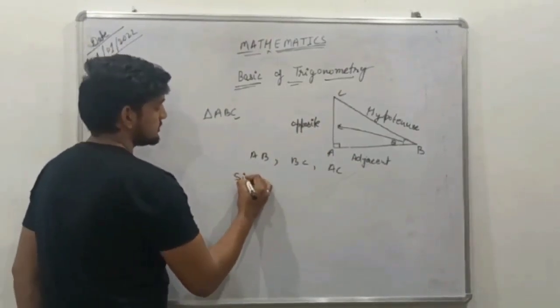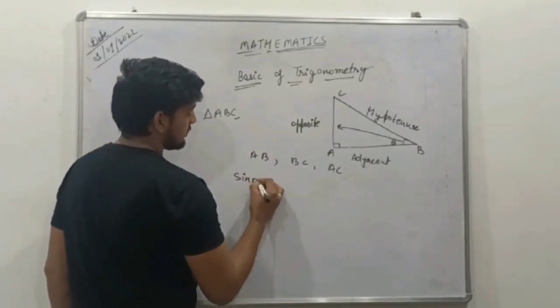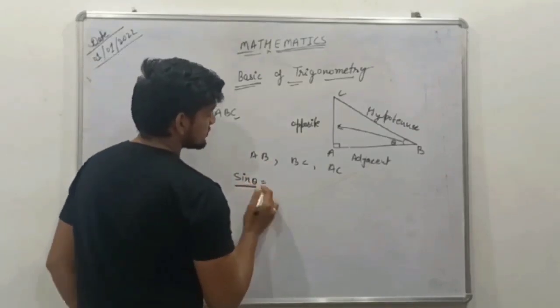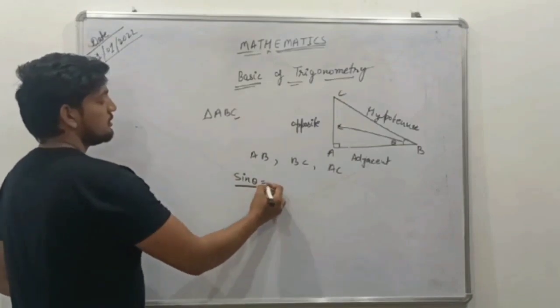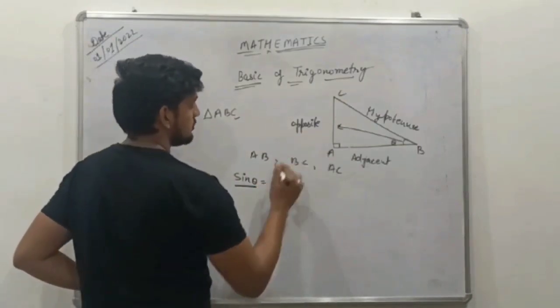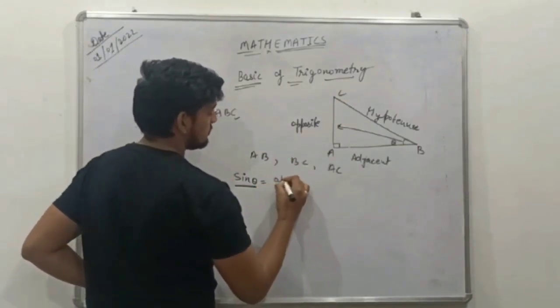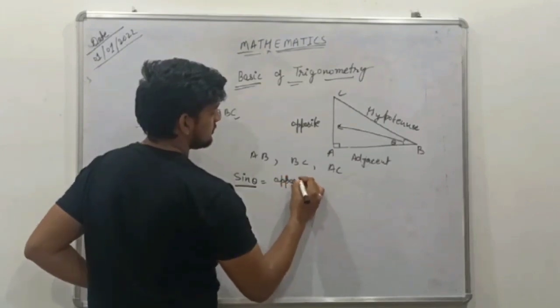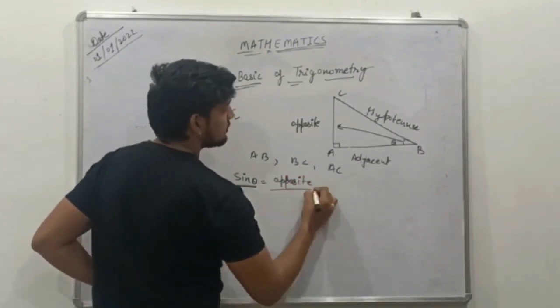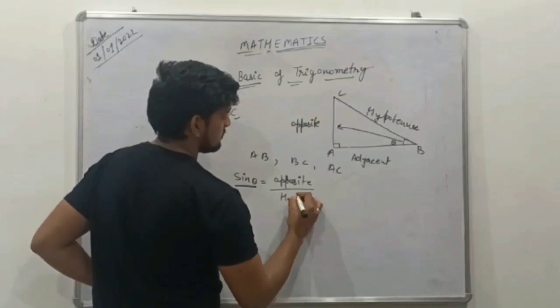And the trigonometric function sine theta: sine theta is equal to opposite upon hypotenuse.